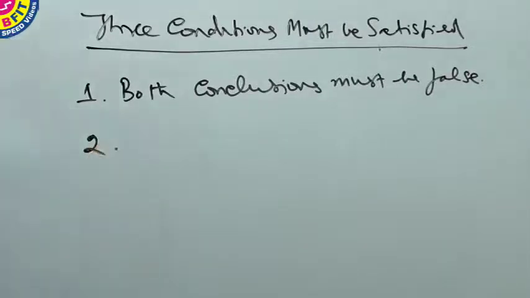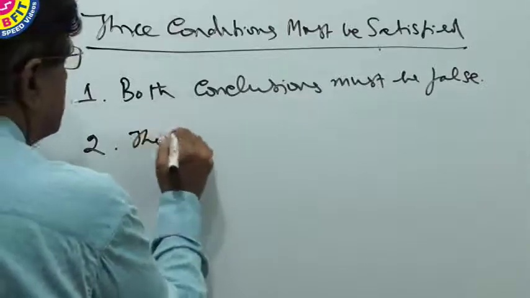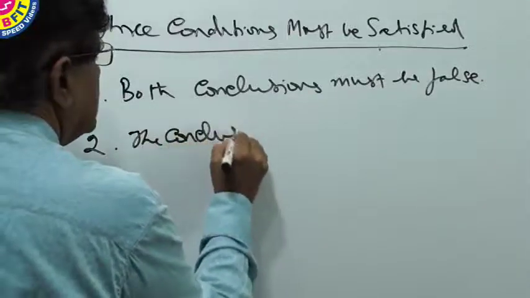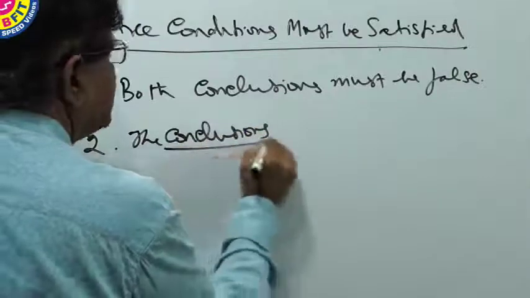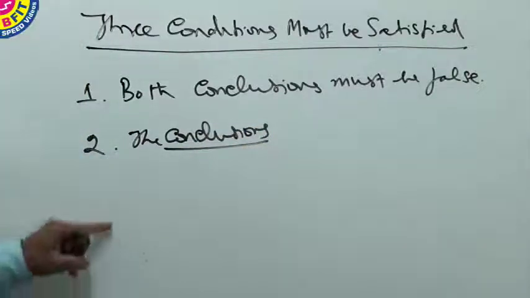The second condition for two conclusions to be a complementary pair is that both conclusions must have the same subject and the same predicate. The conclusions, please understand, conclusions. Some people will check in the statements.